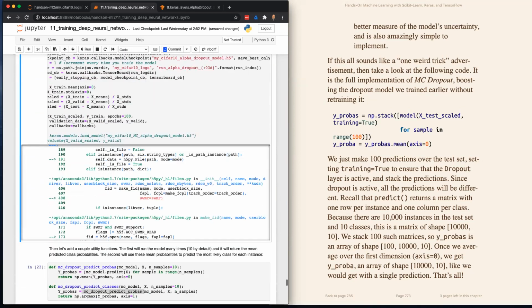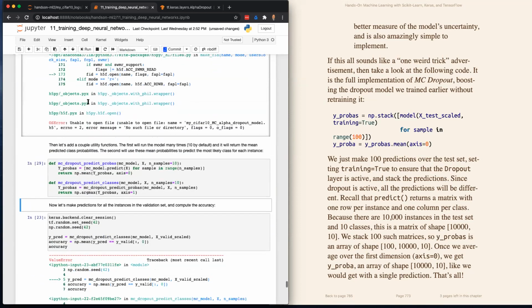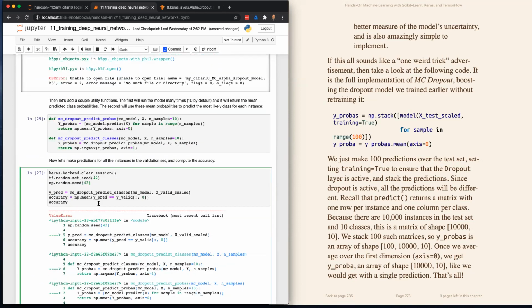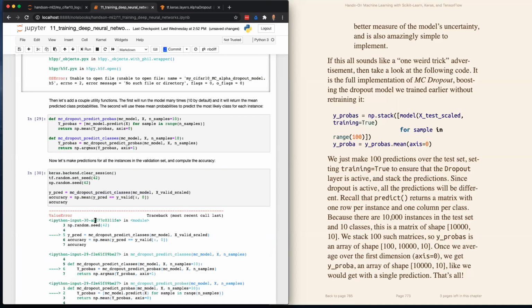And down below, just ignore this part here, because I copy pasted that. All he did here was start using that MC model for a prediction. And when I try to use it, it gave me an error.